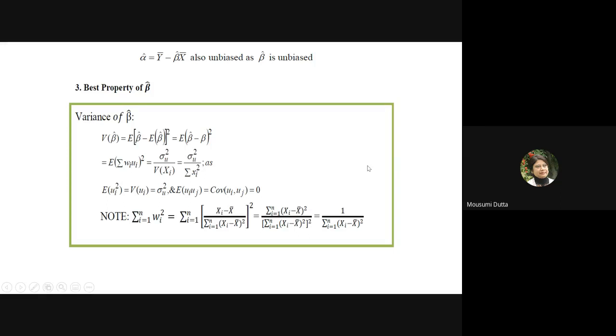So basically, in a two variable case, the variance of beta hat reduces to this, which we call the estimated value of variance of beta hat.